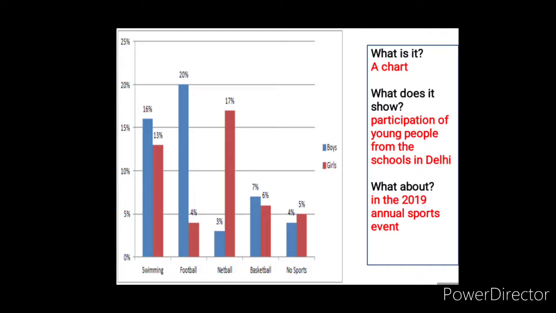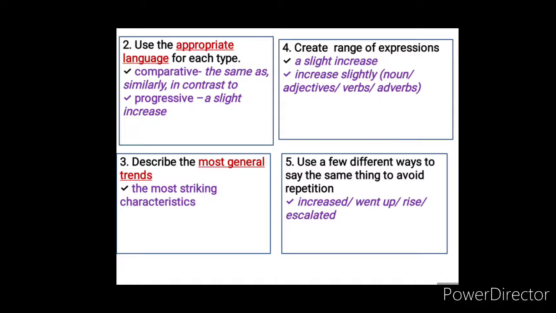But while writing an analytical paragraph, please keep important points in mind. What are those important points? I repeat, you need to use the appropriate language for each time. You need to describe the most general trends. Avoid writing anything irrelevant. Create a range of expressions.